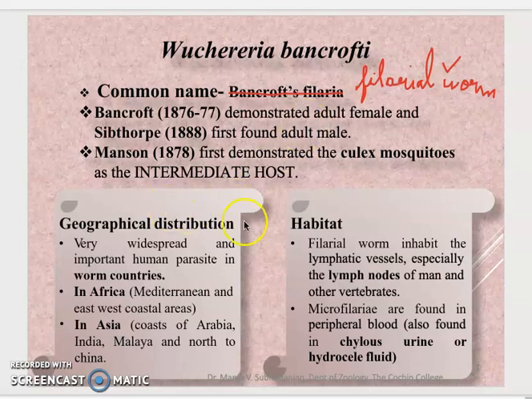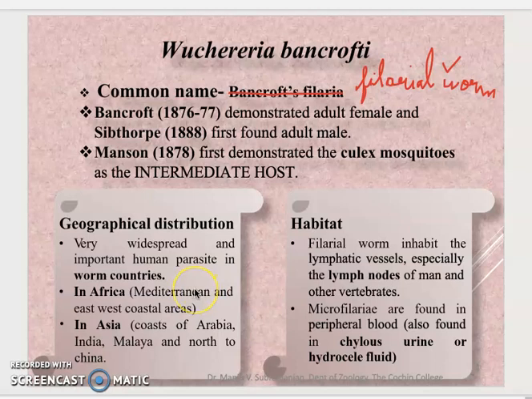And let's see the geographical distribution. In geographical distribution, these parasites are observed widespread in the warm countries, and countries like Africa and Asian countries, India, Malaya, and north to China. So these organisms are widely spread.